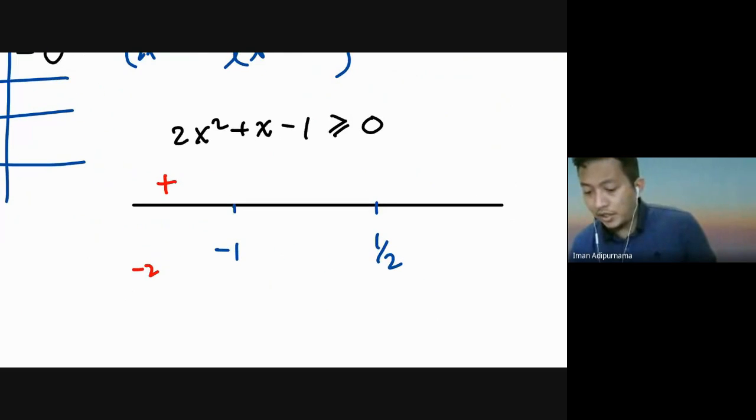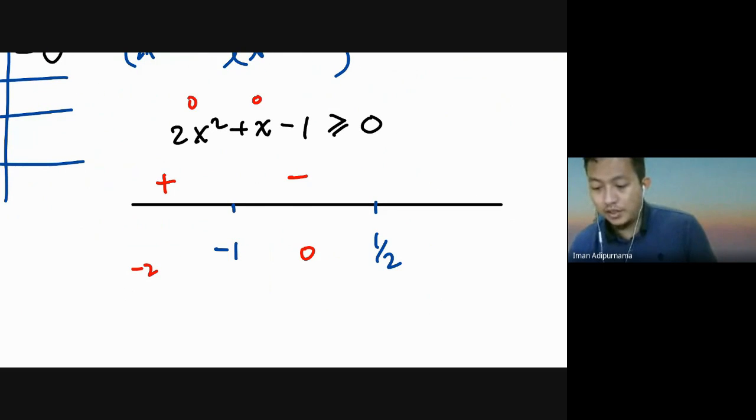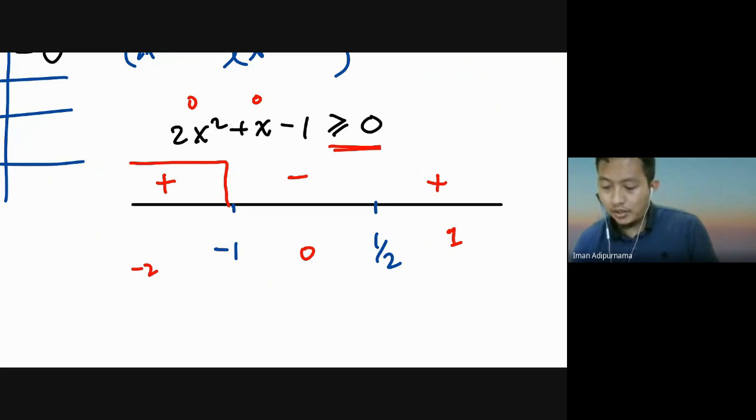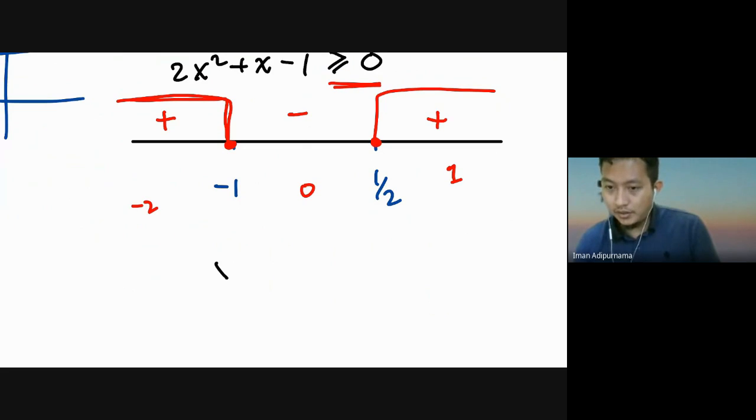And maybe try the middle one here, maybe 0. You can see it's negative, 0, 0, and negative 1, right? And try maybe 1 here. It's positive. Right? So the one you're looking for is greater than 0. So it will be here and here, and it needs to include negative 1 and half. So you can write the answer.